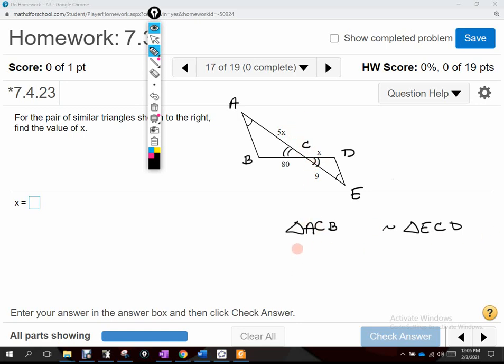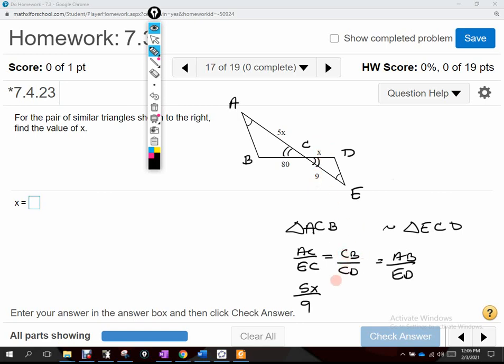So once I make this, I can go AC to EC, just like CB to CD, just like AB compares to ED, okay? And now I'm just going to plug in the things that I know. Do I know AC? It's 5x. Do I know EC? It was 9. So in this case, I do compare 5x with 9.